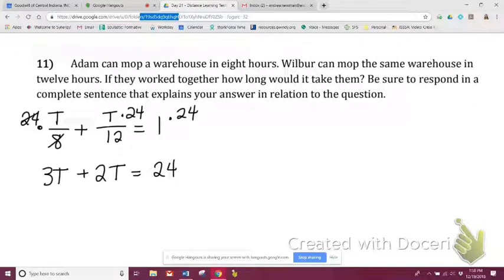And then 24 times 1, 24. That gives us 5t equals 24. Divide by 5 and t equals 4.8. So in a sentence, you're going to tell me it would take 4.8 hours for them to mop together.